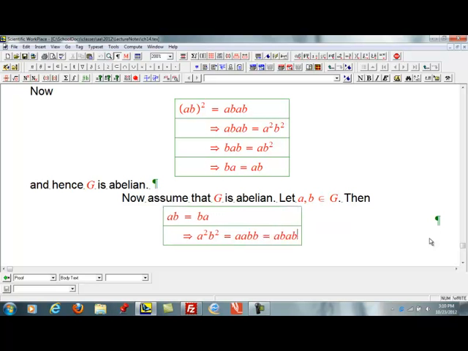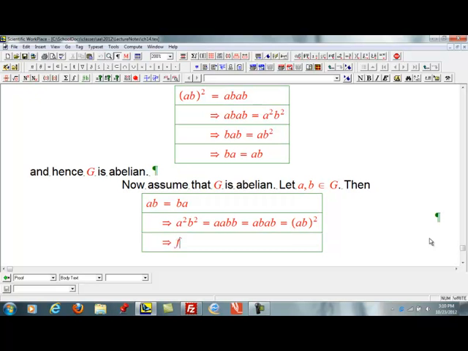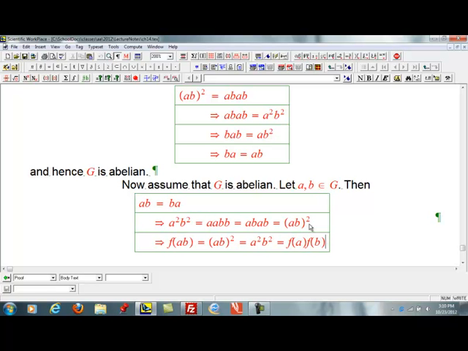So that's (ab) squared. Okay? So combine that with what f is equal to, and you have f of ab, which is equal to (ab) squared right here, has to equal a squared b squared, which is f of a, f of b.